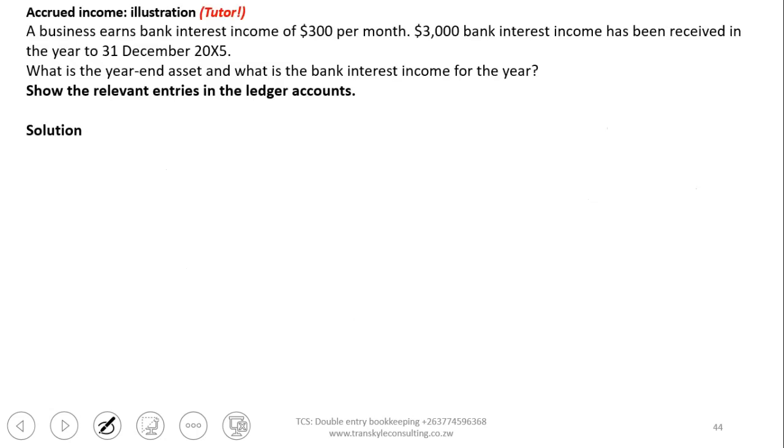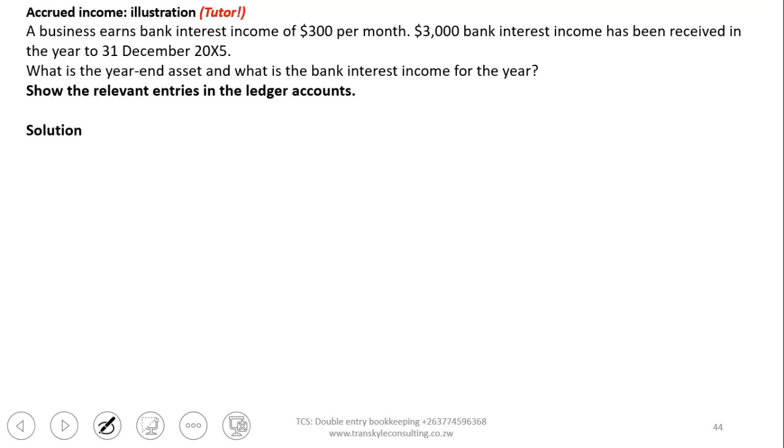A business earns bank interest income of $300 per month. That is, 3,000 bank interest income has been received in the year to 31st December 2005. What is the year-end asset and what is the bank interest income for the year? Show the relevant entries in the ledger accounts.